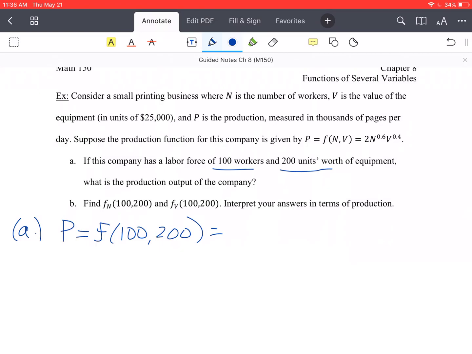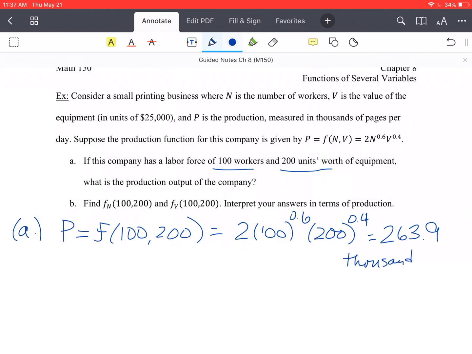So that is 2 times 100 to the 0.6 times 200 to the 0.4, which is 263.9 thousand pages per day.